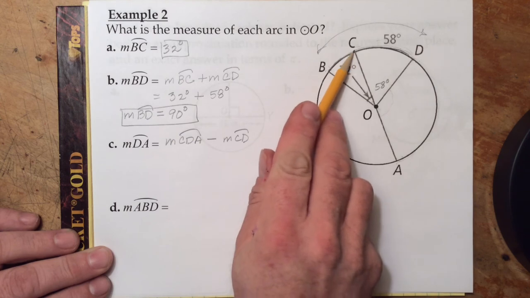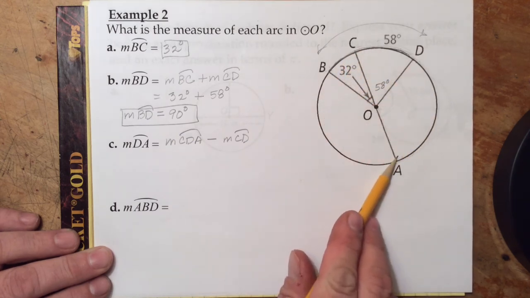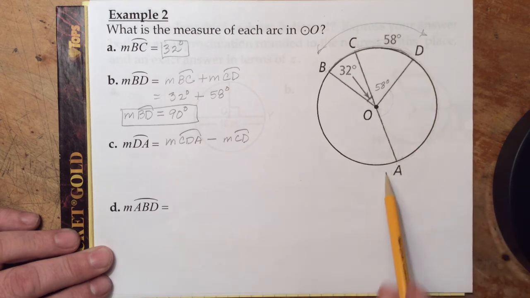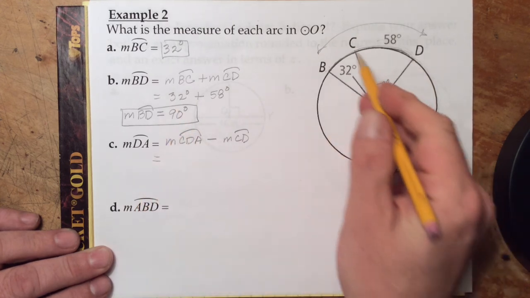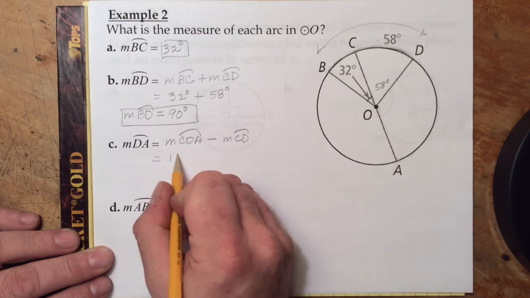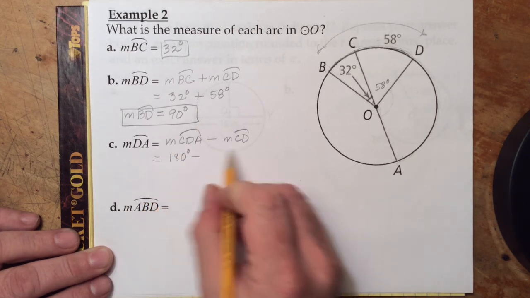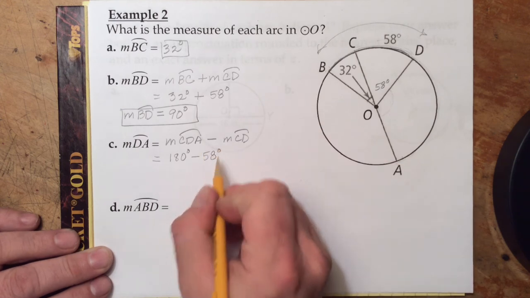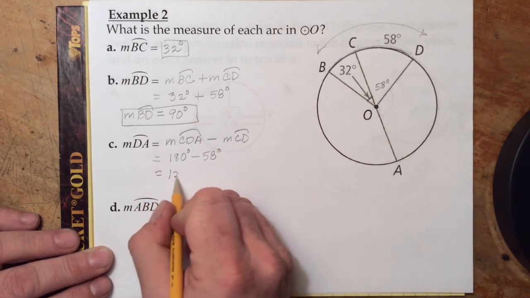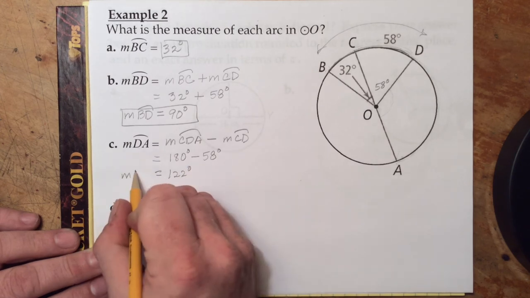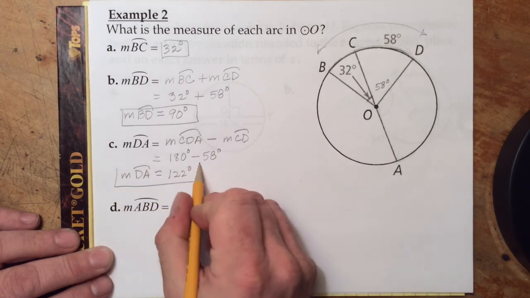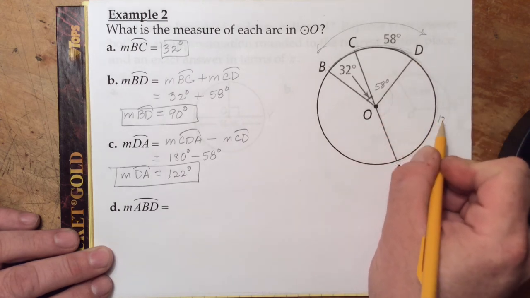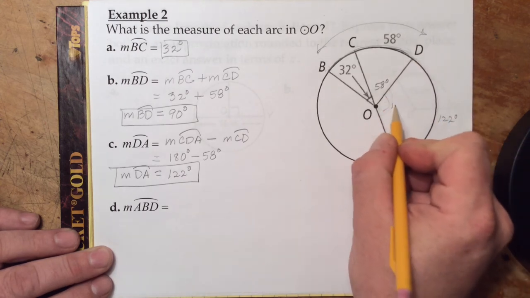Once again, semicircle CDA minus minor arc CD gives us what's left, the measure of arc DA. The measure of any semicircle is always 180 degrees, minus the measure of arc CD, which is 58 degrees. And that gives us 122 degrees. That's the measure of arc DA. So this right here is 122 degrees. So is its central angle.